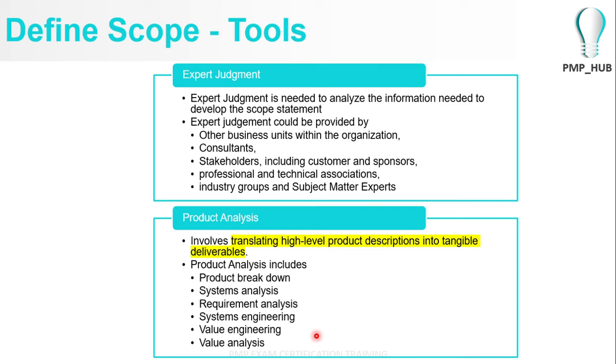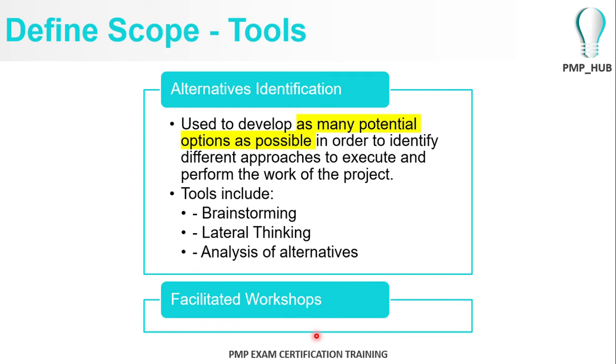The requirement analysis, the value engineering, or the value analysis, what's the value addition that you can give into the product, as an organization or as a third party system provider. So all these analyses will be done in order for you to define a more refined product scope as well as a project scope.